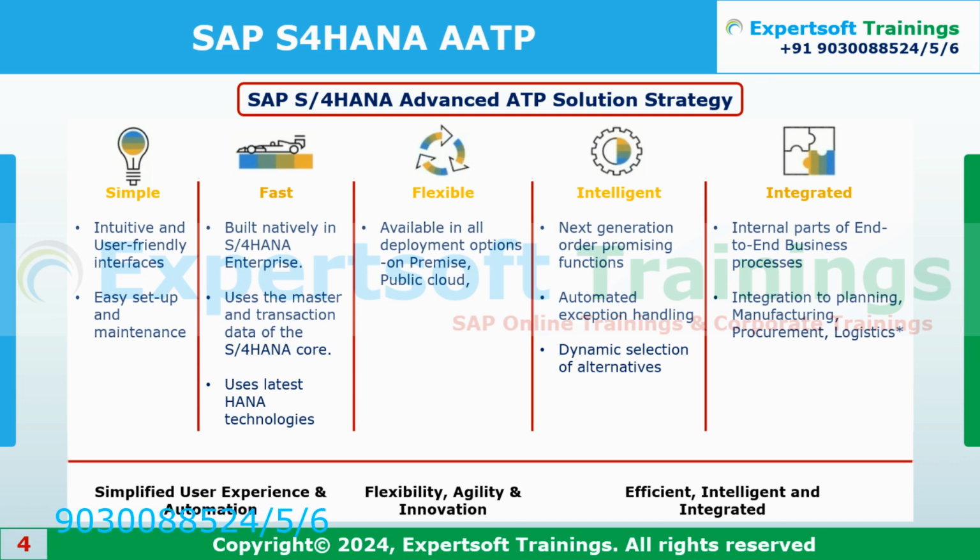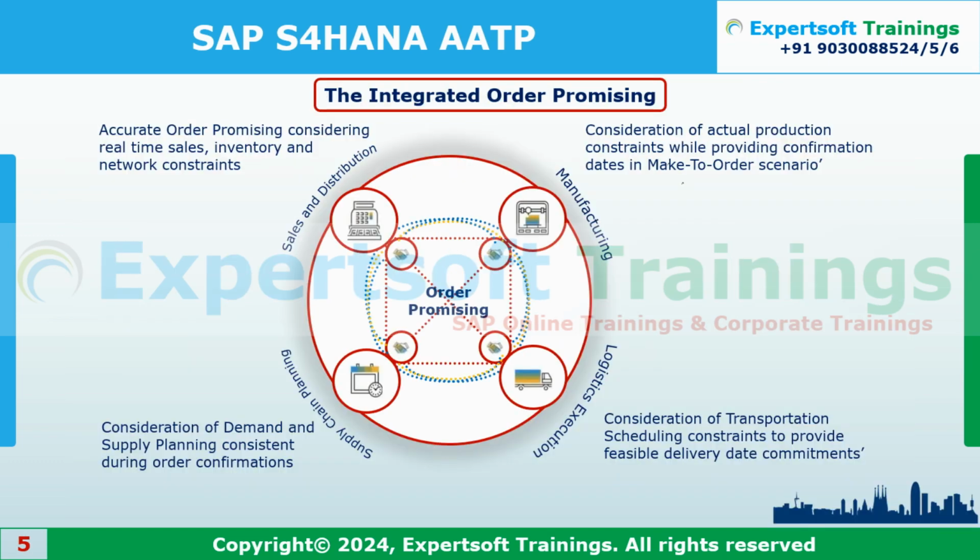It will connect to all the modules. It can be at the manufacturing level, the logistics level, or the sales level. Wherever you want, you can use aATP as a solution to provide confirmations with respect to the requirement. At the sales and distribution level, it will help you to promise the dates by considering the existing inventory and whatever constraints we have.